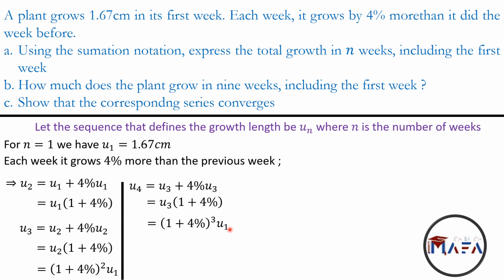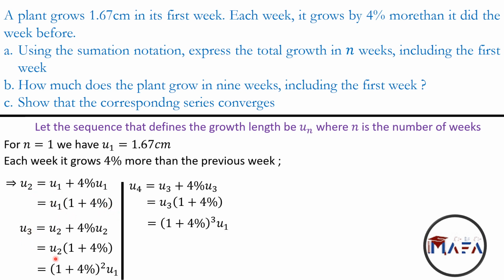Now from here we can deduce a general sequence for the length of the plant after n weeks, and this sequence is defined as follows. If you look at u4, the number of the week is 4, the power is 3, and then u1 applies to all. If you look at u2, here it is 2, but the power of (1 plus 4%) is 1, and u1 applies to it as well.